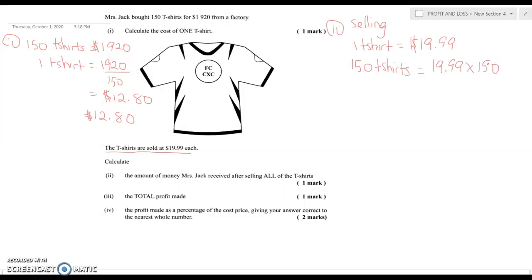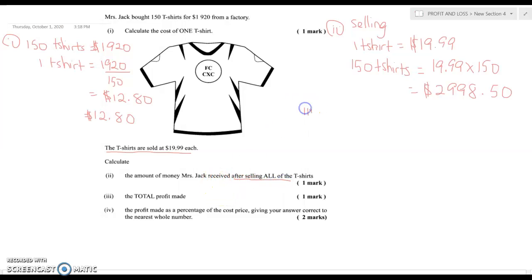Again, you could just use a calculator to work that out. Multiply by 150, and we are going to get 2,998.5 on the calculator. Remember, you're adding this 0 because it's money, so $2,998.50. Cool. So now this is the amount she's getting after selling all the t-shirts, right?